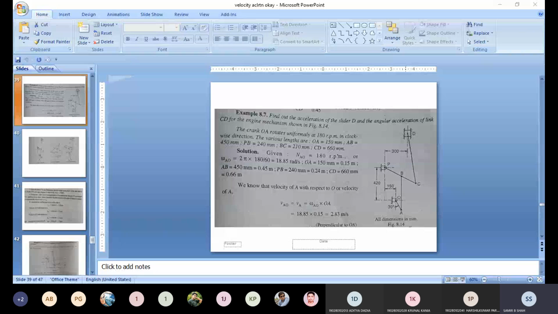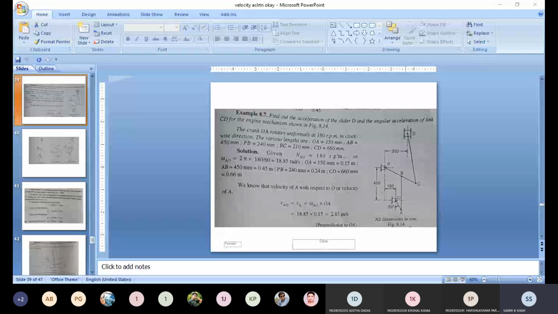So just put O dash P dash randomly anywhere.